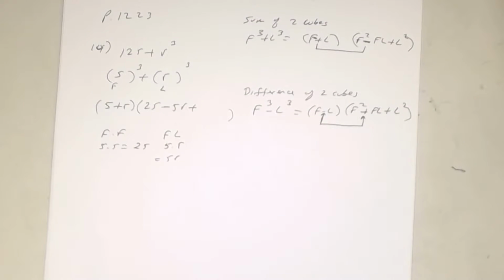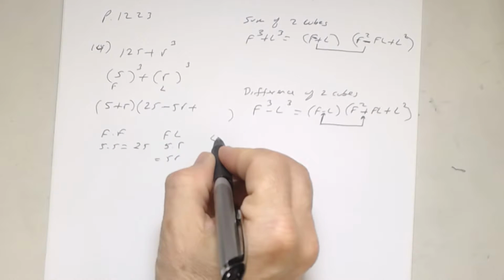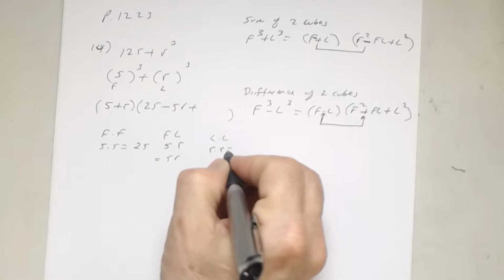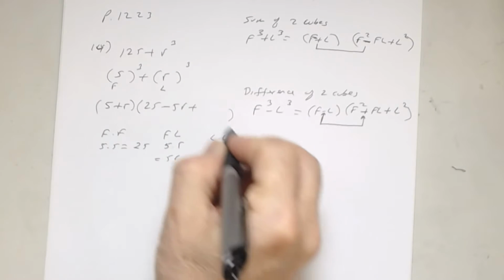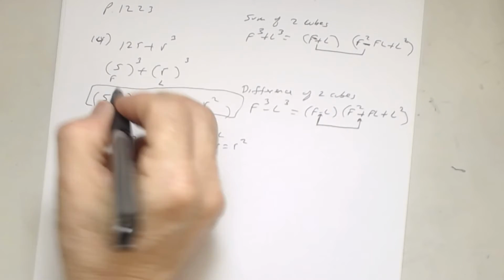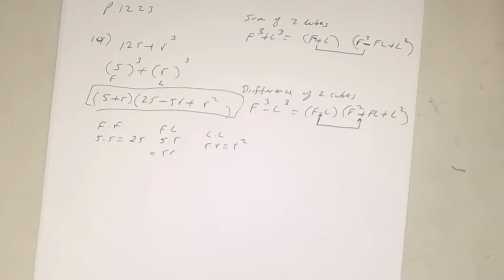And then plus, and then L squared. So I take L multiplied by itself. L in this case is R. What's R times R? R squared. So there's your answer. So you factored 125 plus R cubed as the sum of two cubes. There's binomial, then there's trinomial.